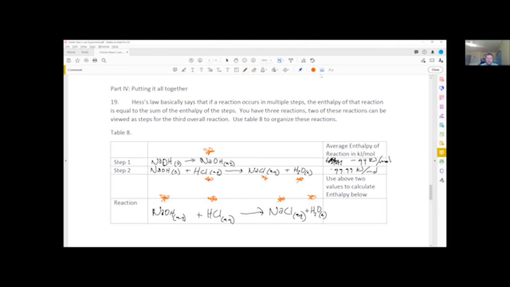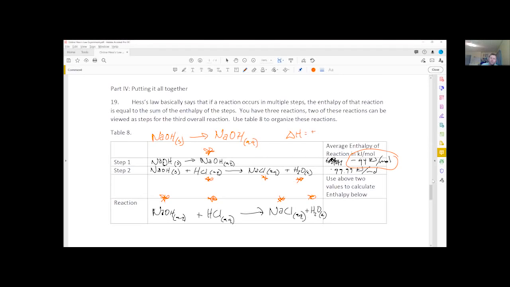Now, Hess's law is fantastic because what we can do is say, if the transition from solid sodium hydroxide to aqueous sodium hydroxide releases 44 kilojoules per mole, then this right here, NaOH solid going to NaOH aqueous, we know something about the delta H of that.